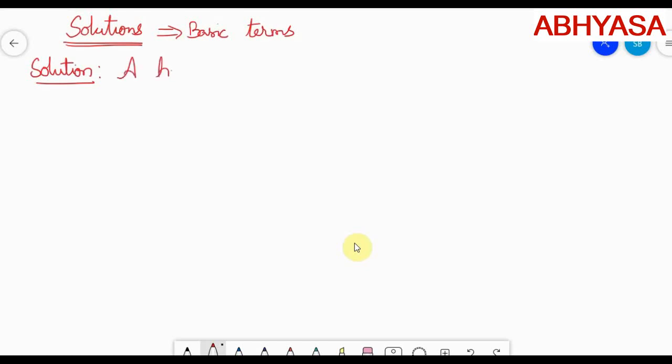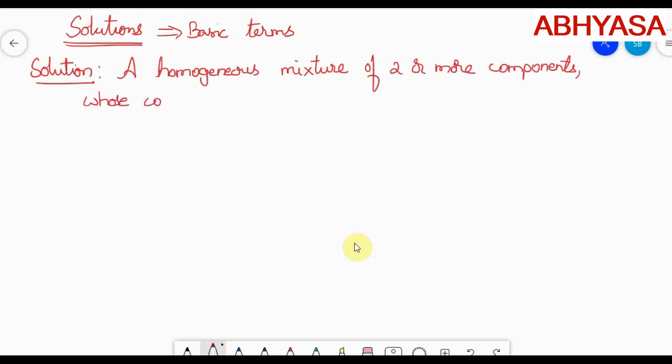Solution is a homogeneous mixture of two or more components whose composition can be varied within certain limits.